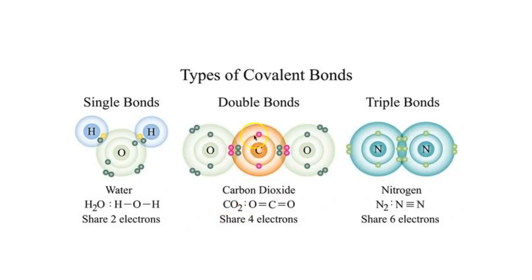Carbon dioxide, on the other hand, if you look over here, has 2 double bonds. It's important to note that carbon here, as we stated earlier, likes to be bonded to 4 things. And so if you look at what electrons carbon is sharing, here the carbon electrons are the pink dots, right?